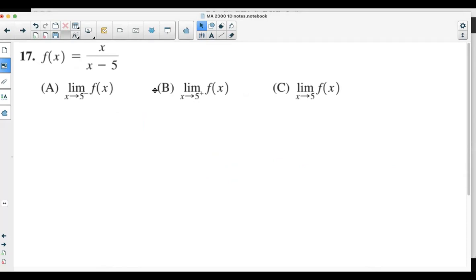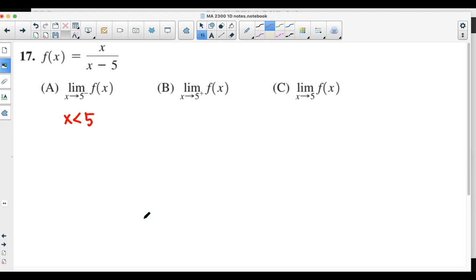From the left means x is in fact less than 5, isn't it? So I can do this one two ways. I can either sketch it and figure things out by looking at it, or I can plug in the numbers to see which value it approaches.